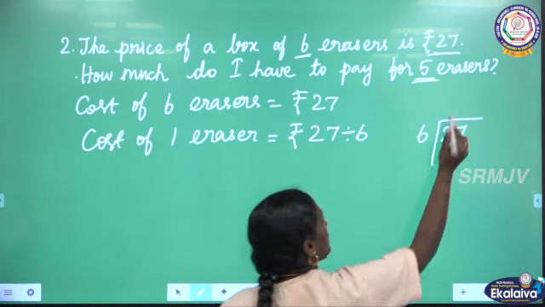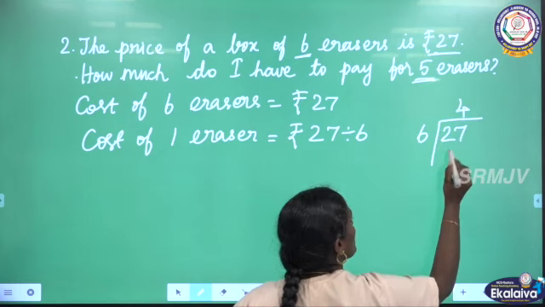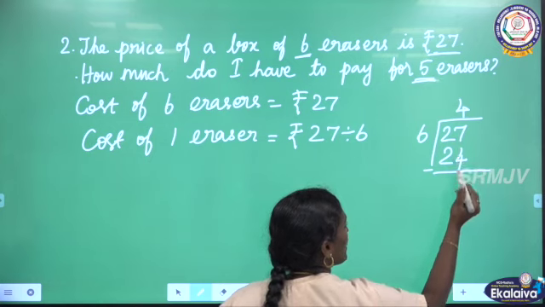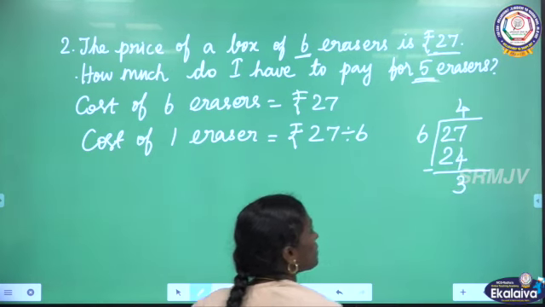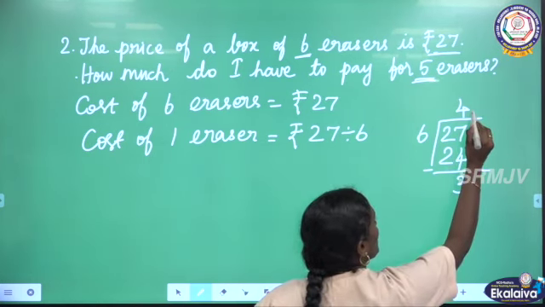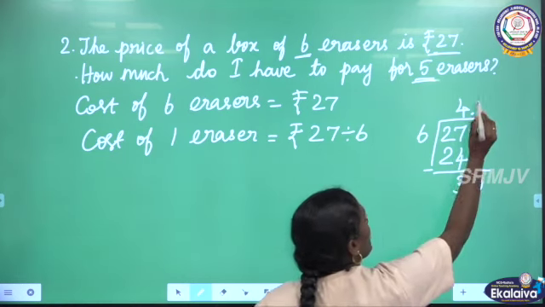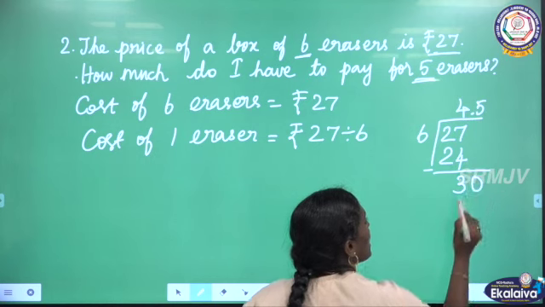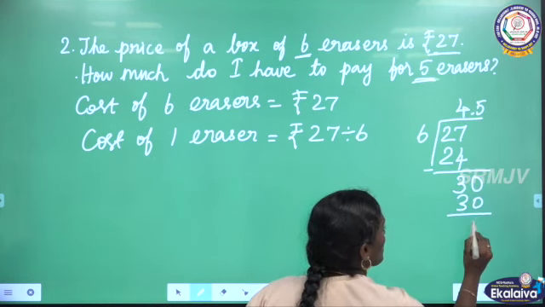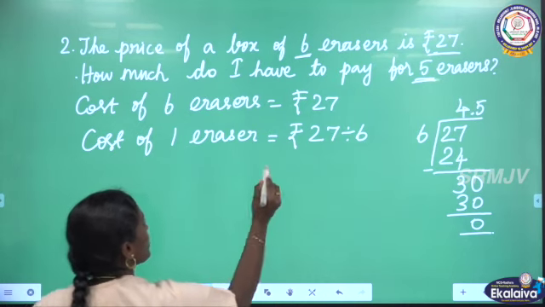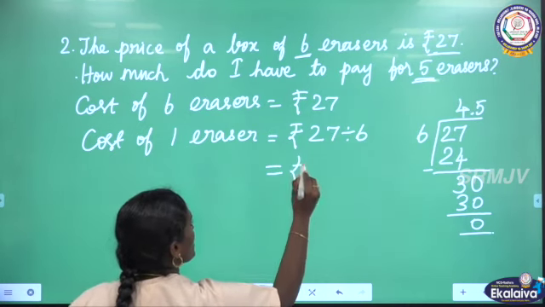In 27, 4 times 6, 6 4s are 24. Now we have to subtract, 27 minus 24, we will get 3. Now we have to keep the decimal point in quotient and we can add 0 here. Now 5 times, 6 5s are 30. 0. Okay. So the quotient is 4.5. So that is the cost of 1 eraser.